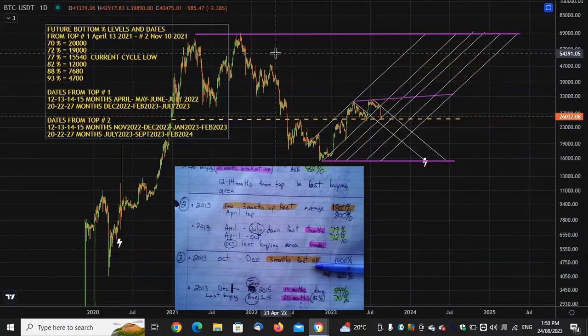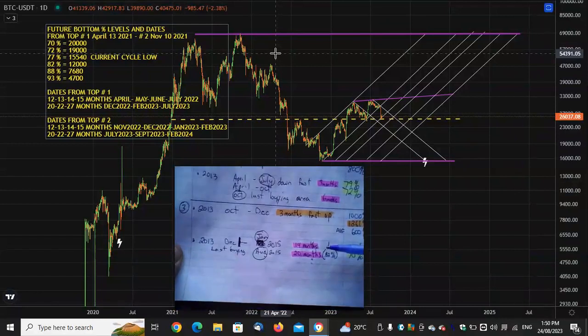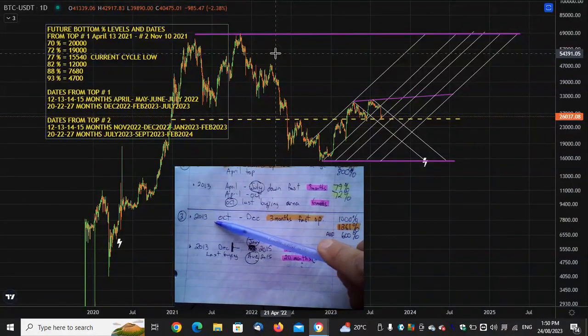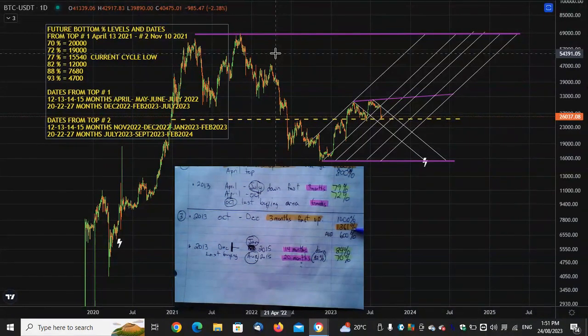Now moving to our third campaign here, we're just going to take a quick look at that. Our third campaign here was 2013, and again we had a 3-month fast move up, and we only went up 1,361% in that one, so it was not as big as our previous campaigns at 1,800 and 1,900%. So we're just watching this diminishing returns.